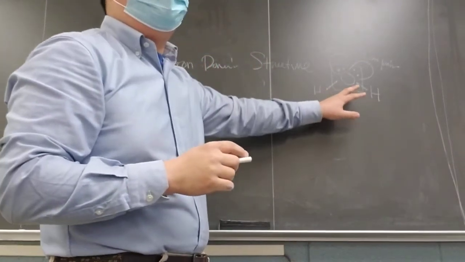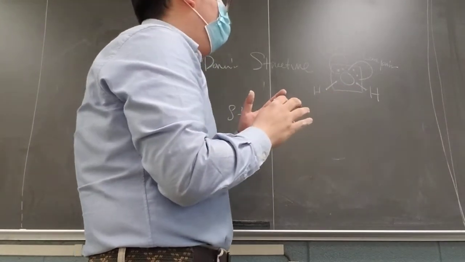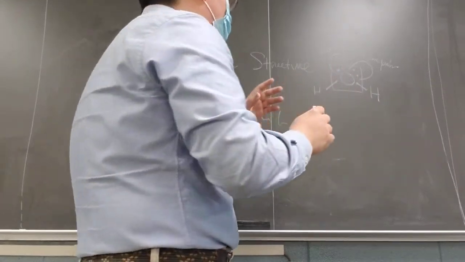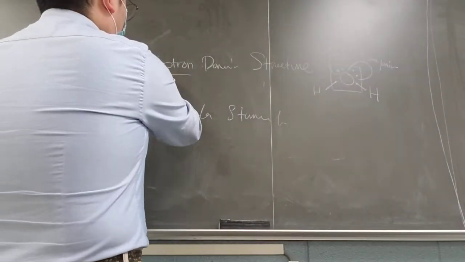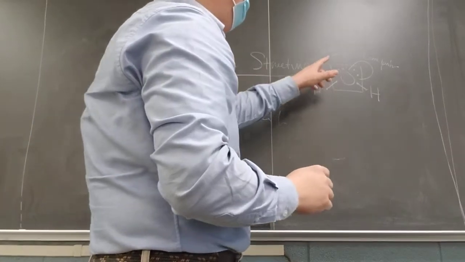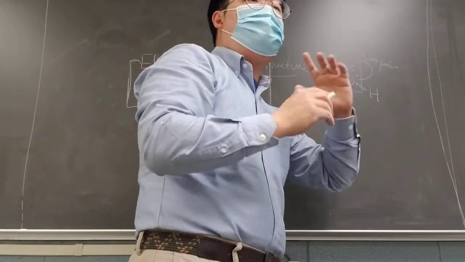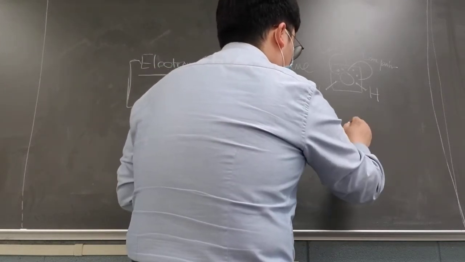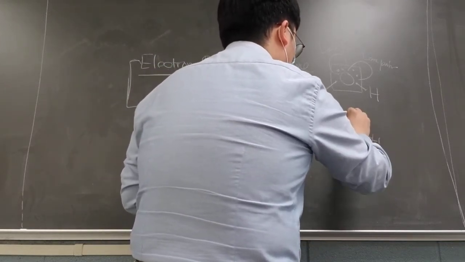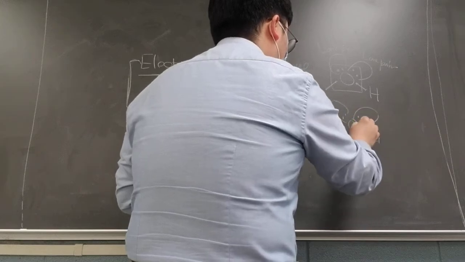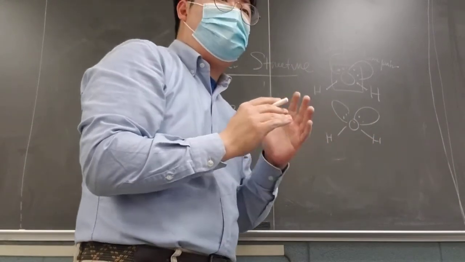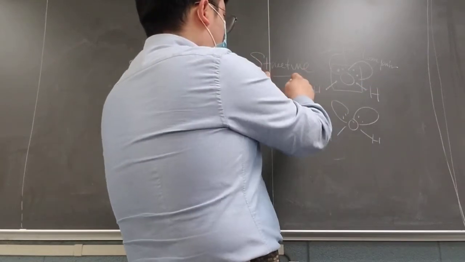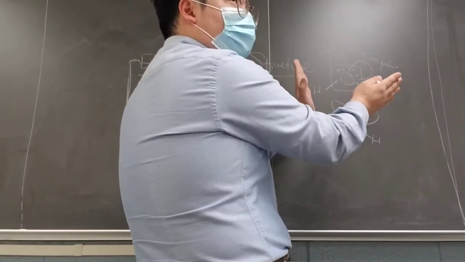And then in the electron domain structure, you count your lone pair as if there's another bond there. So this one would look like this, which will be a tetrahedral structure, because you also count the 2 lone pairs as bonding too. Not actually bonding, but you know what I mean.